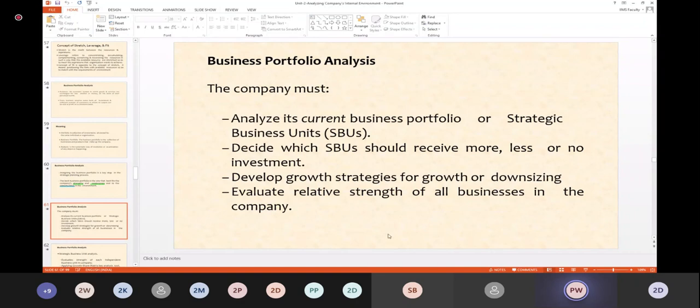The third important thing is that you develop growth strategies for growth or downsizing.